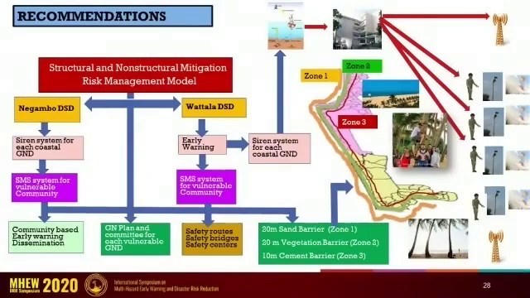Another important thing is we need to develop some safety routes by constructing bridges or redeveloping the existing canal system, like the Hamilton Canal located in Negombo. Especially for the Negombo DS division, to reduce the risk to the community, we need to improve some structural mitigation activities.